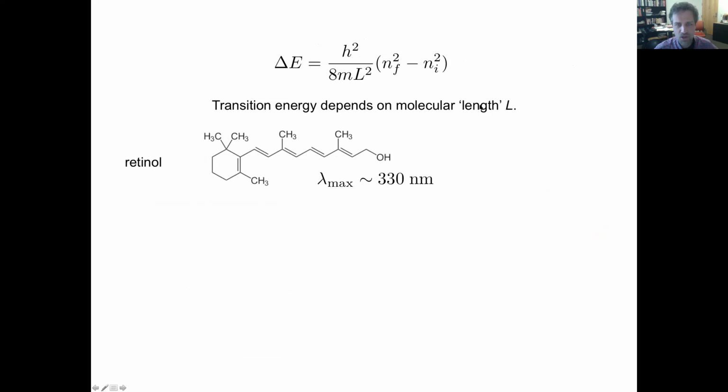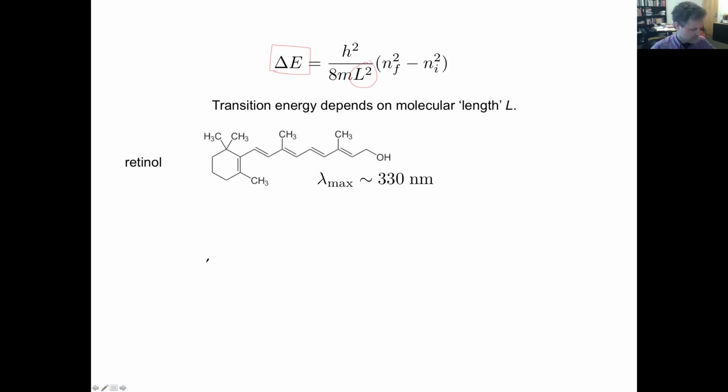So let's look at a molecule that has a longer length, right? So a conjugated molecule like retinol, where the conjugation length is longer. In that case, this L here in the denominator is going to be a larger number. That means the transition energy must be less. Less energy, of course, means longer wavelengths, right? There's an inverse relation between energy and wavelength.